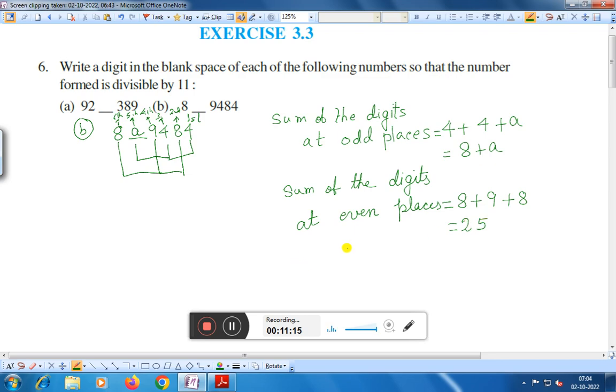Now you have to find the difference between the numbers.